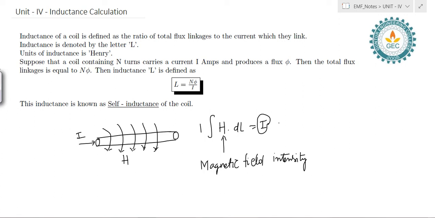So, we can say that the higher the magnitude of current that is sent through the conductor, the higher would be the magnitude or intensity of the magnetic field. Now we can relate this magnetic field with the flux density.